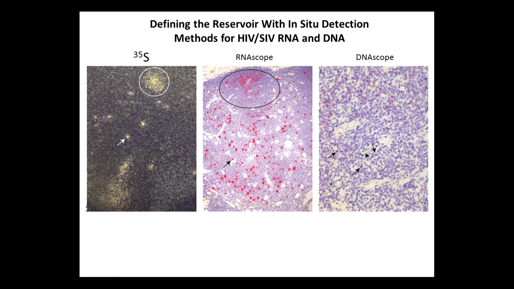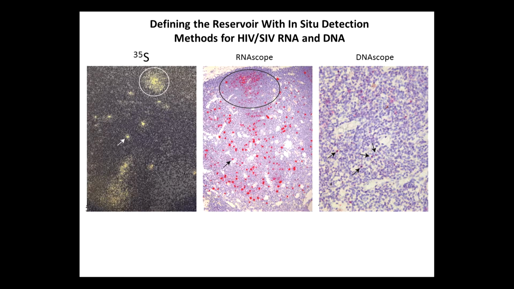Jake Estes more recently has applied a more modern technology, the RNAscope and DNAscope method of detecting nucleic acids in cells. The main advantage of RNAscope is that it is much more facile, it's not quite as fussy, and it can be done in a day. This technique is pretty fussy.